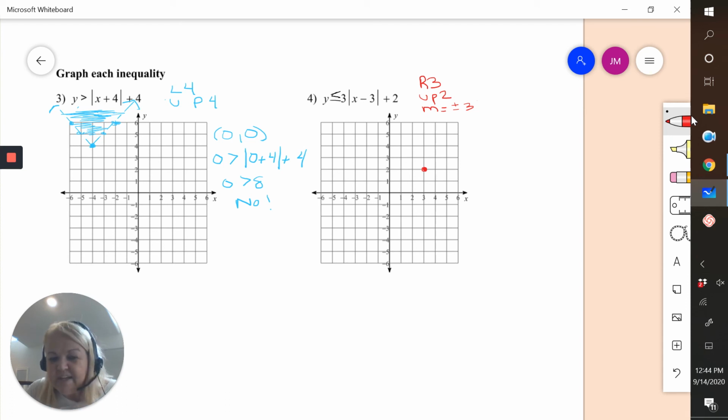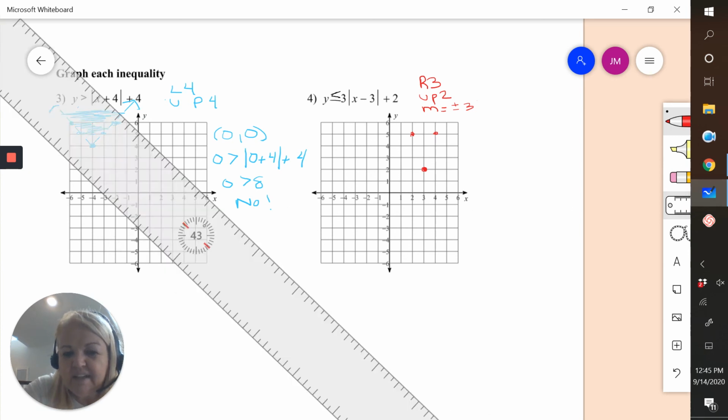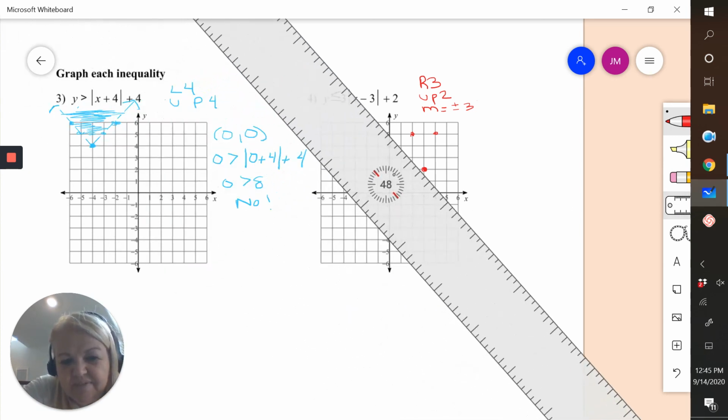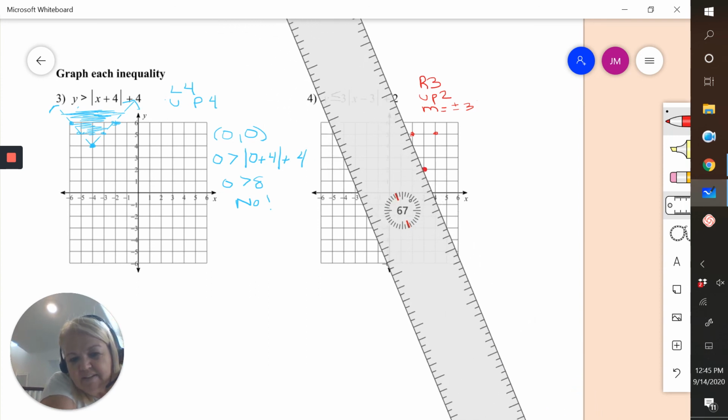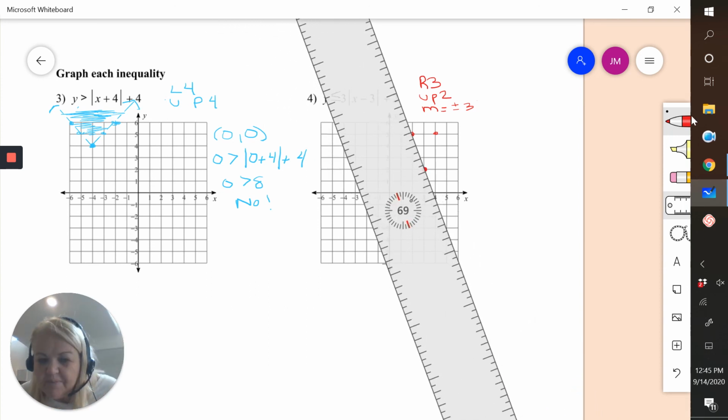Now, here's where you can use the slope. So you can move the vertex. So now you can go up 1, 2, 3 over 1. Up, and then this way, up 1, 2, 3 over 1 this way. And you've applied the stretch. Now this one's going to be a solid line because I have an or equal to. So I'll line it up with my points.